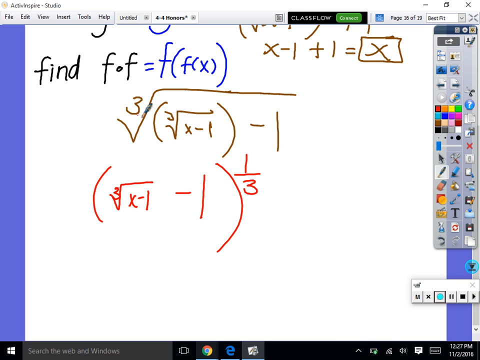To the 1/3. Isn't a root writing it as a rational exponent? You see how I rewrote it? The reason I do that is because I want you to think about it. Is it okay to just raise that to 1/3, raise that to 1/3? No, subtraction. Just like if that was squared, we know we can't just square that. Right, everybody?